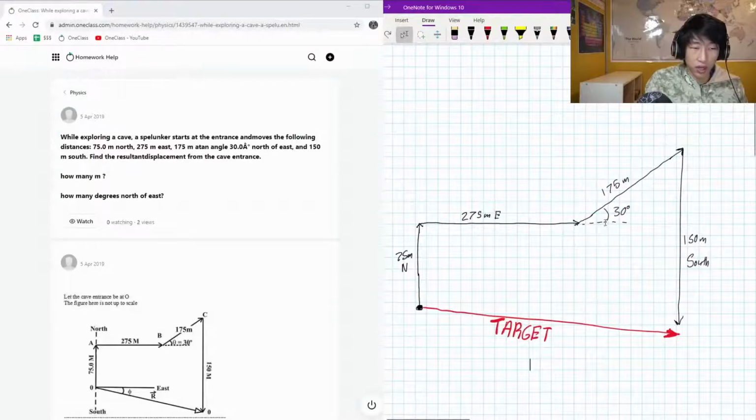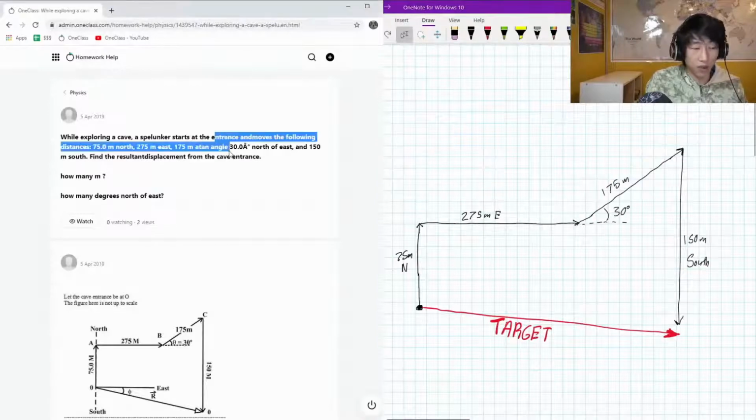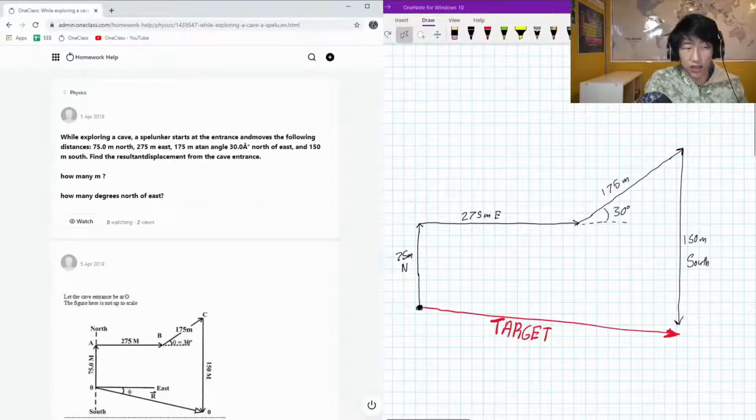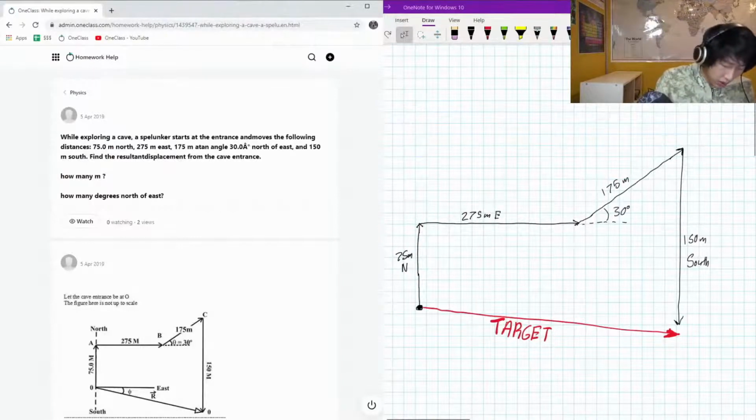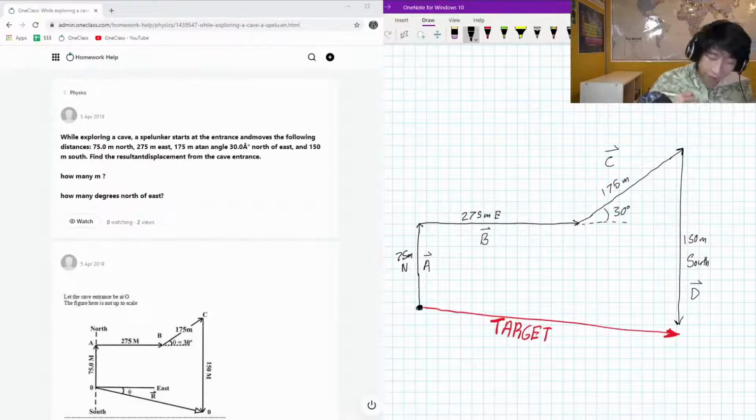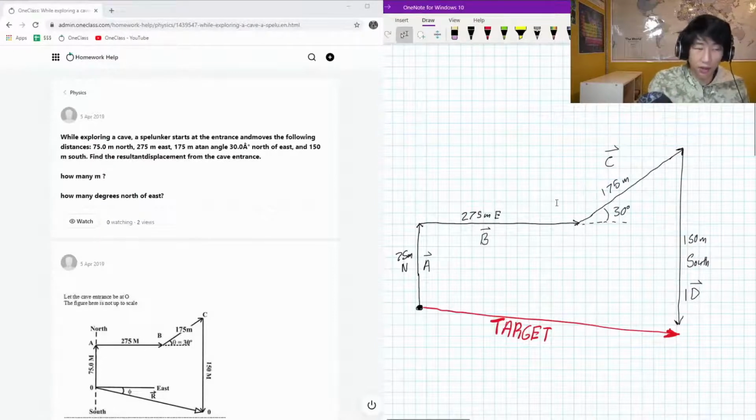Essentially, we have a vector situation right here. We see that the red target arrow is the same as this head-to-tail chain of all the steps that were described in the question. What we're going to do is treat all of these individual steps in the journey as individual vectors, add them together, and that's going to be the target. So let's call this A, let's call this B, let's call this one C, and let's call this one D. Fairly straightforward, and they're all vector values.